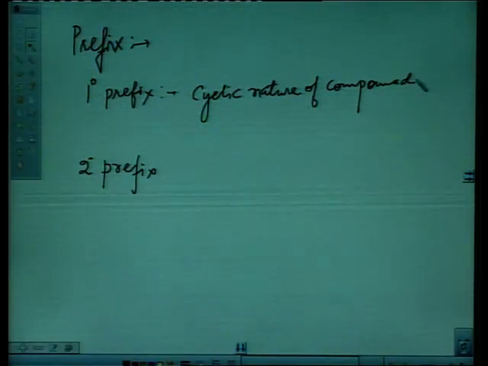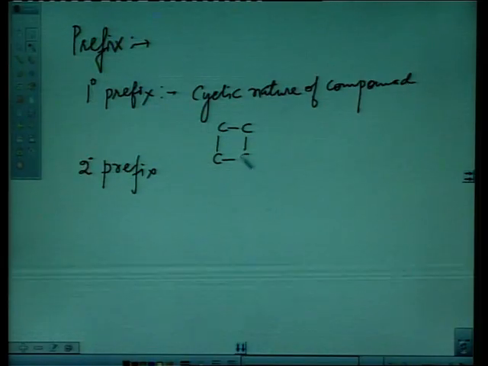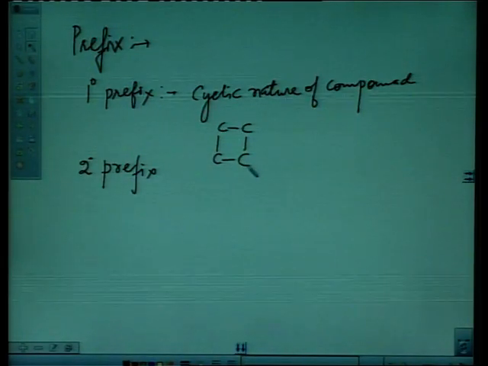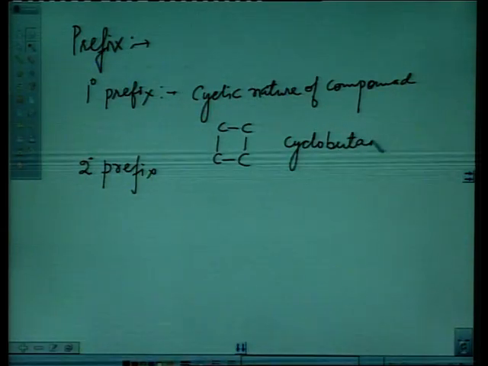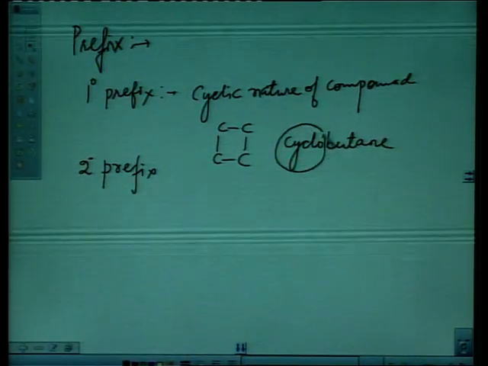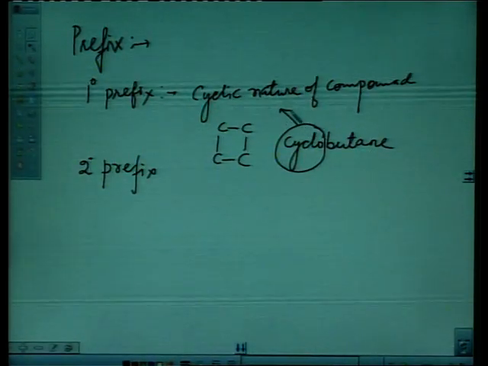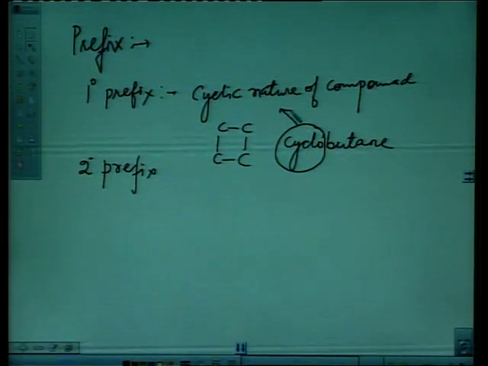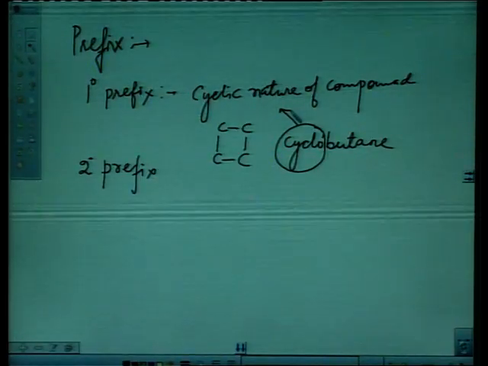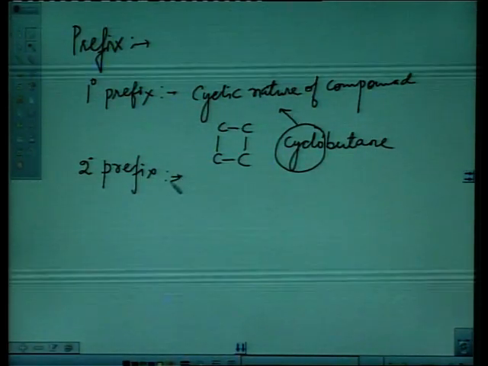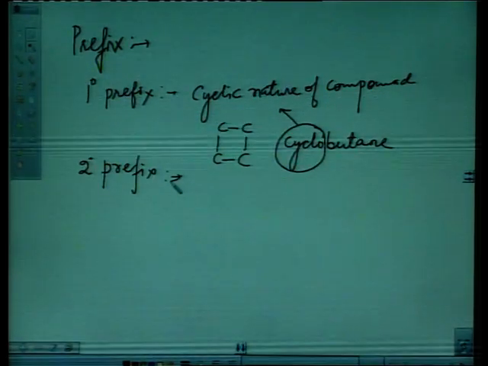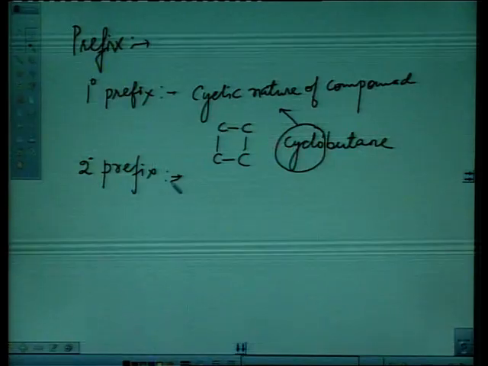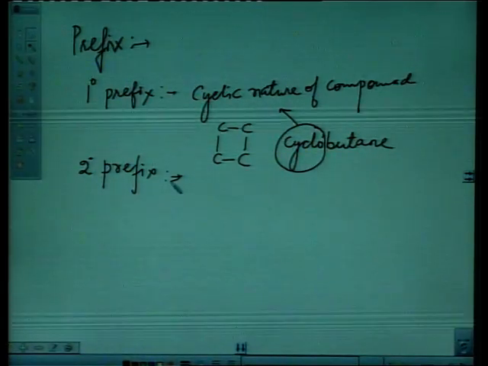For example, if the compound is cyclic in nature, there are 4 carbon and that makes a ring. So this is called cyclobutane. Here cyclo is a primary prefix, and then secondary prefix. Secondary prefix denotes the side chain or substituent group in alphabetical order.